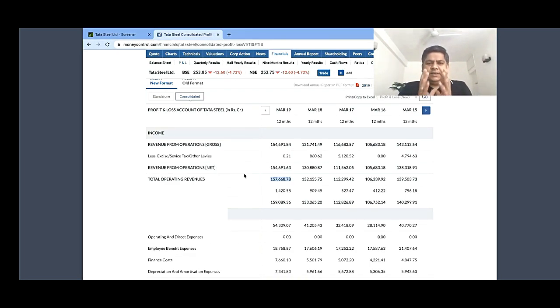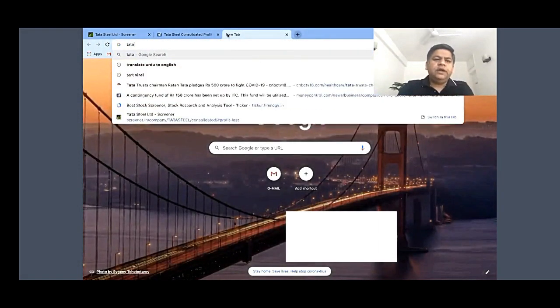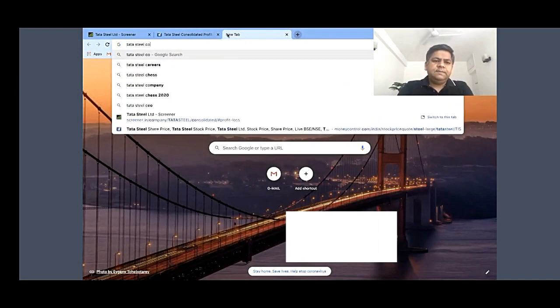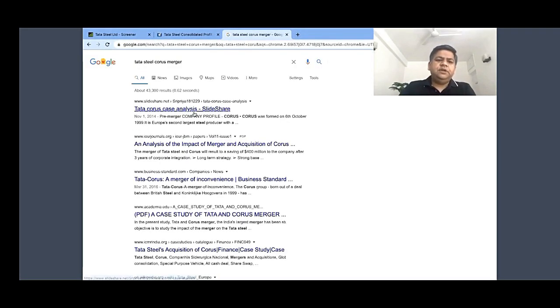Standalone is Tata Steel's independent operation. They reported their standalone profit and loss statement. I have purposefully picked up Tata Steel to explain something to you. Tata Steel acquired a steel plant in London, which is Tata Steel Corus. If you read about this company, you will come to know.